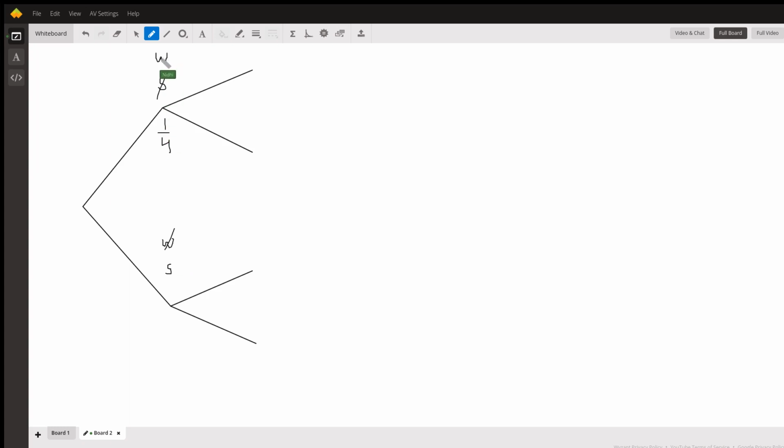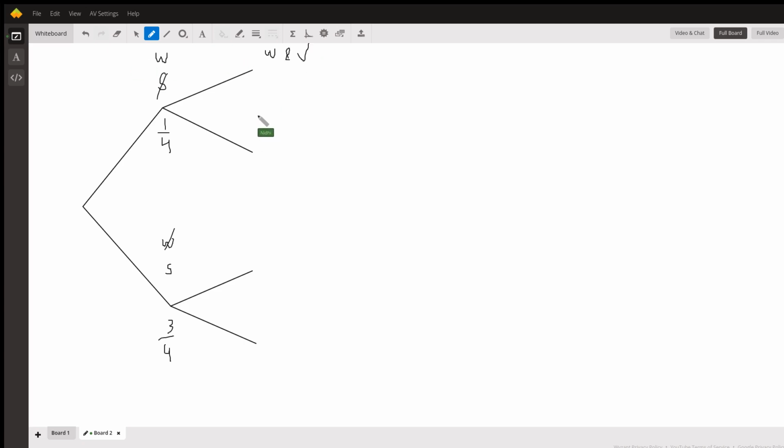And there are only two options. Either you are working or you aren't working. And so the total probability has to add up to 100% or 1. So the other thing, not working, has to be 3/4 because 1/4 plus 3/4 is equal to 1, right? Then at this branch point, this is the probability that you're working and you get a good grade.